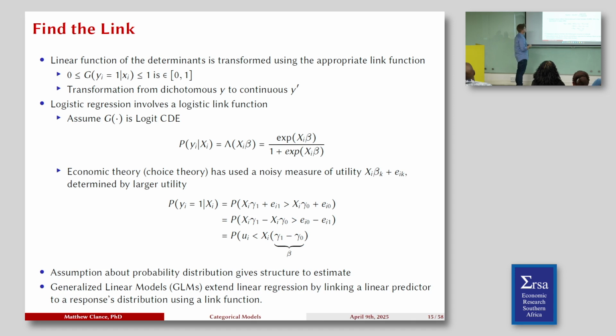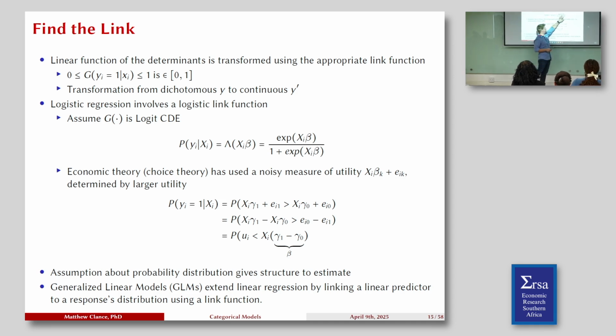So for the logistic function, we call it the logistic link function. And if we assume that, then basically we can take any linear version that comes out of our particular model and put it into something that is continuous: exponentiation of the x beta over 1 plus exponentiated x beta.